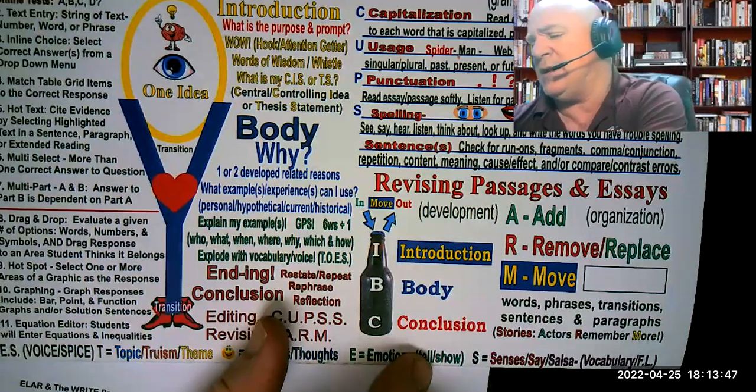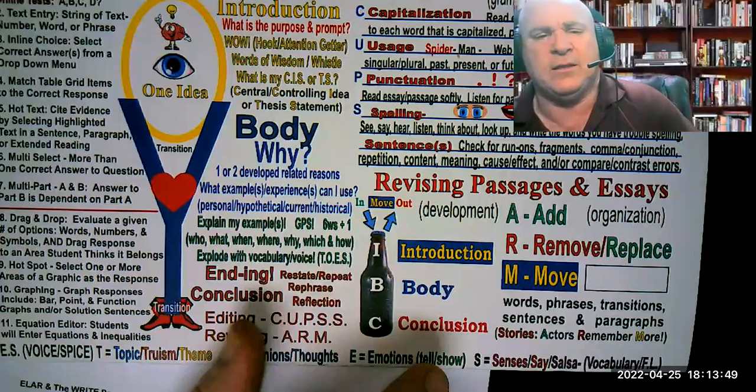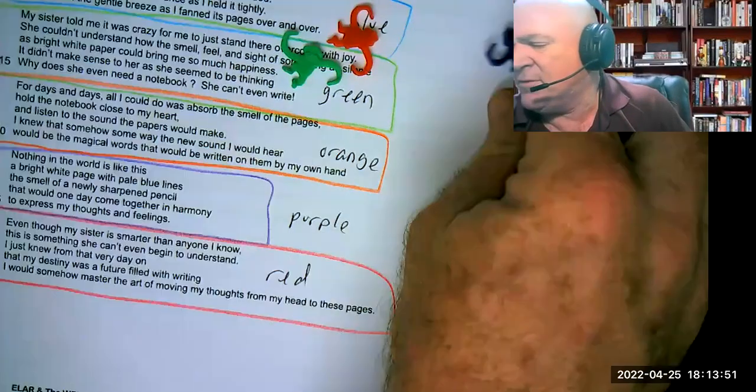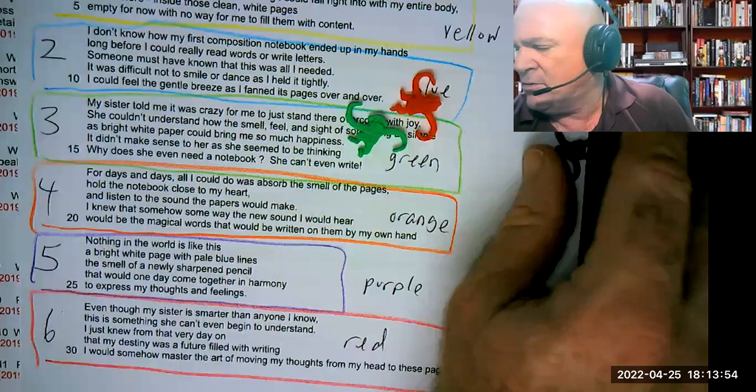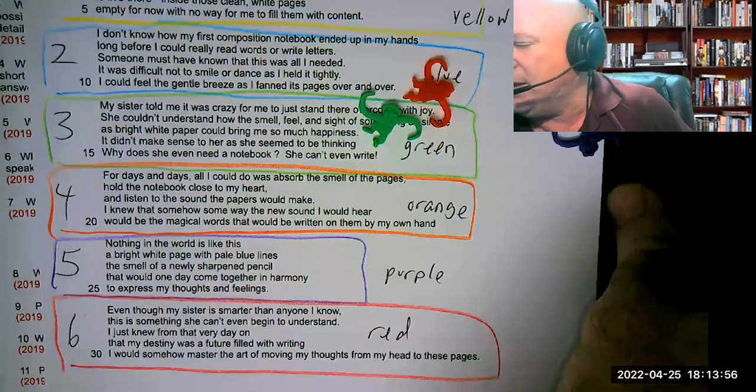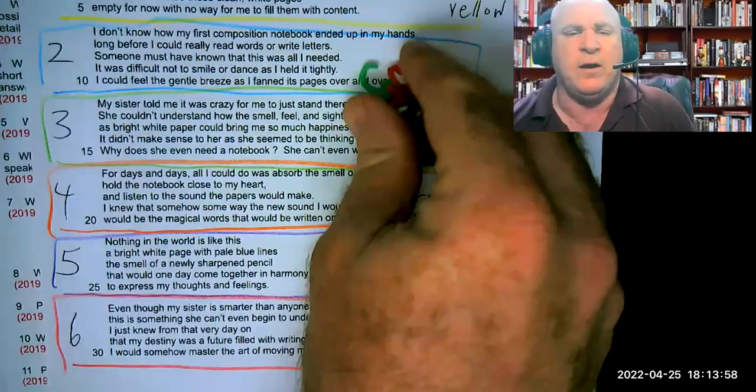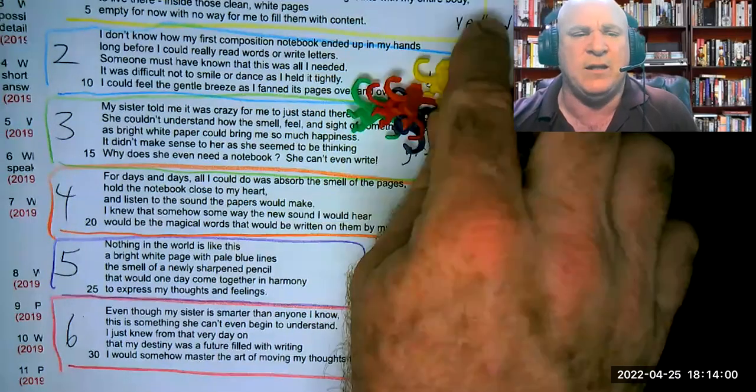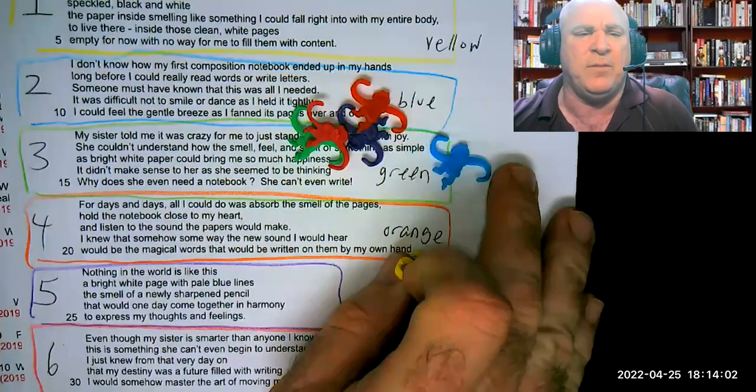So let's take a look at the poem that I've got for you guys in 3rd through 5th grade, and I already boxed in each stanza of the poem. I've labeled it by stanza.